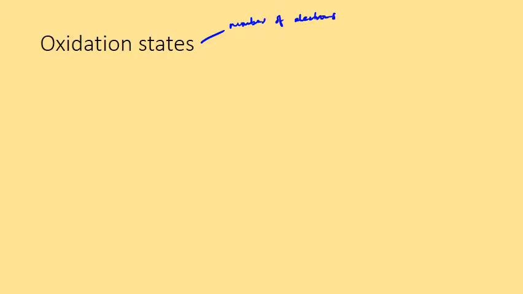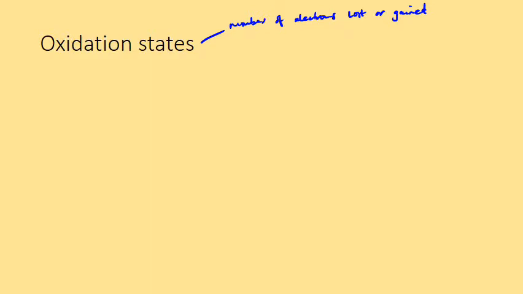So obviously if it's gained, it's going to be minus, and if it's lost, it's going to be positive, because an electron has a negative charge.